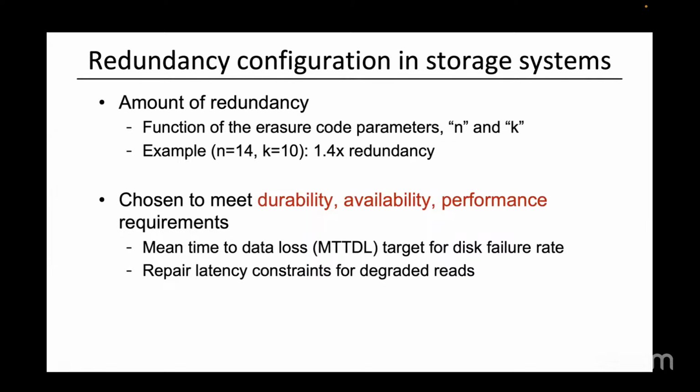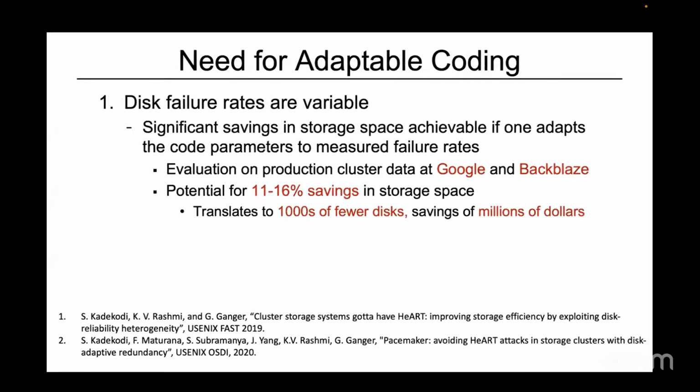These parameters, that is the parameters of the code or the redundancy configuration, are not set in stone. That is, they are not chosen once and then kept constant throughout the life of that data. There are several reasons why it is desirable to have adaptable coding. One of them is that disk failure rates are themselves highly variable.